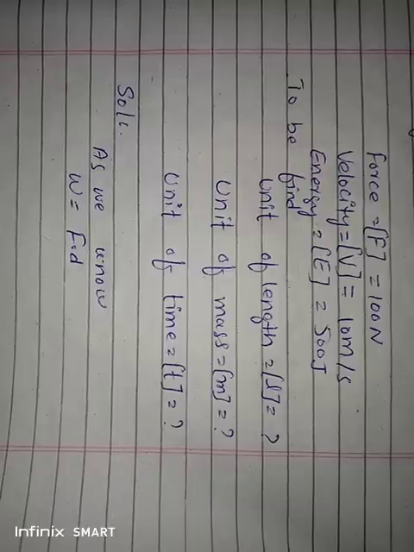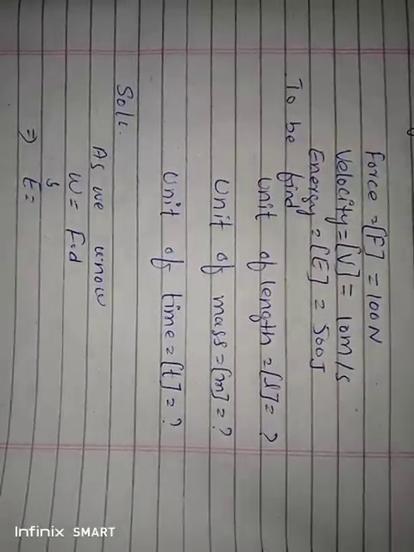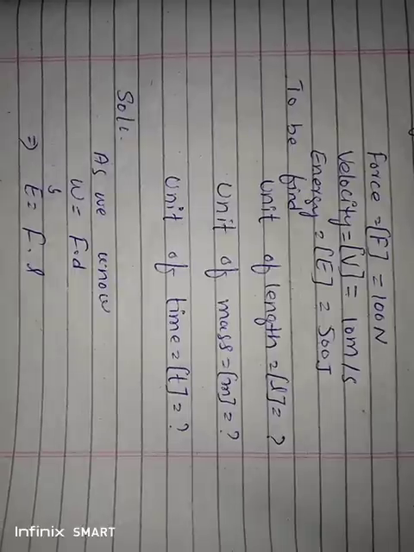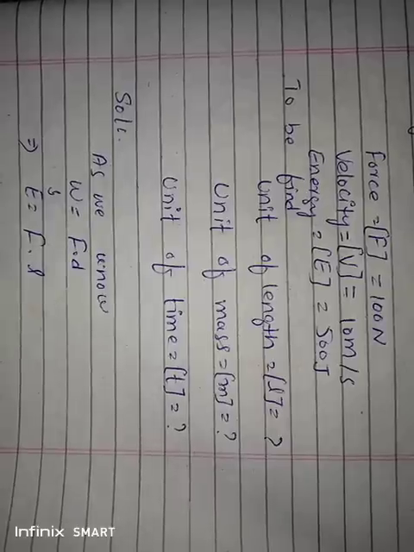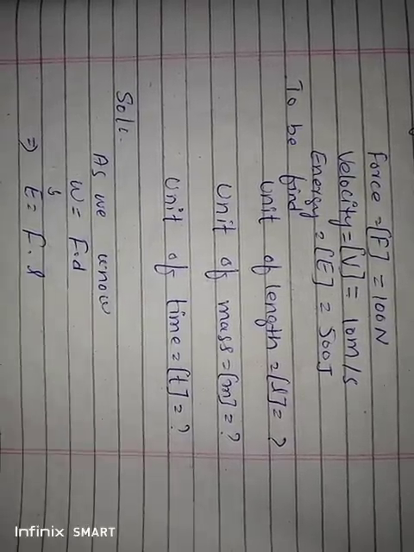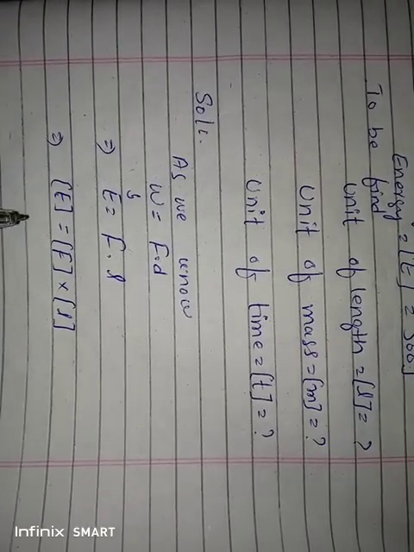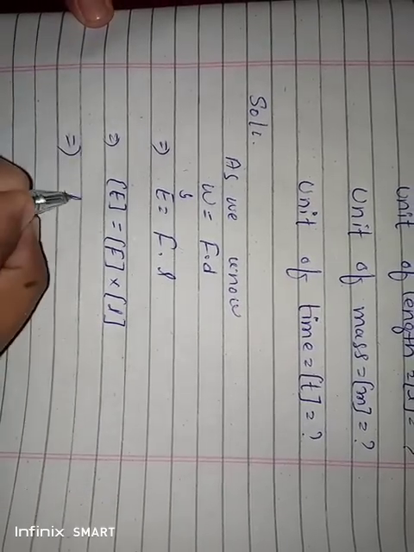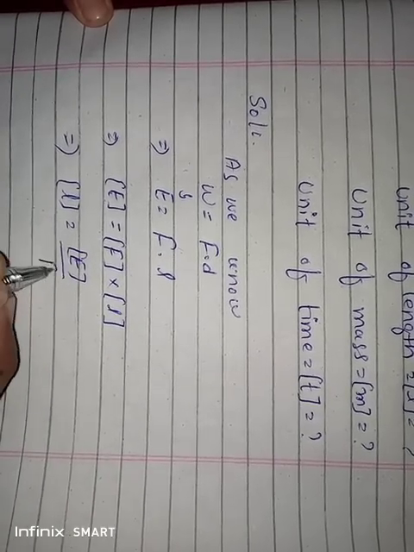According to the work-energy principle, we can represent work as energy E, equal to F dot D or F dot L. In terms of dimensions, E is equal to force multiplied by length. We have to find the unit of length, so length is equal to E divided by F.